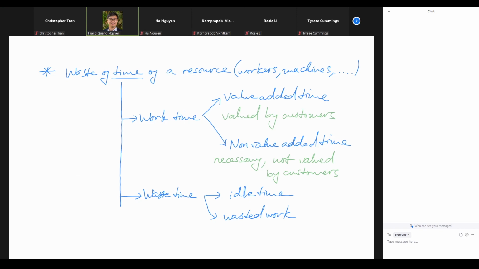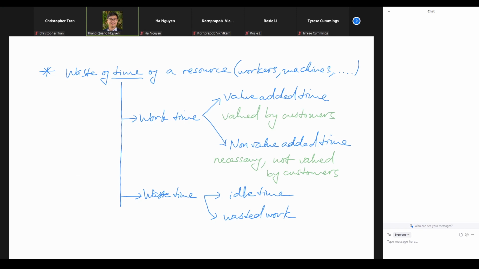They have to attempt it one more time or several more times, right? Then even though they work, those work activities are wasted, right? So the waste time can either be the idle time where the workers or the machine don't do anything, or even if they do something, they fail, right? In terms of the quality, then we also classify that as a waste.